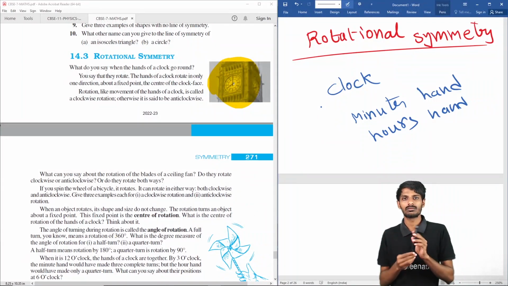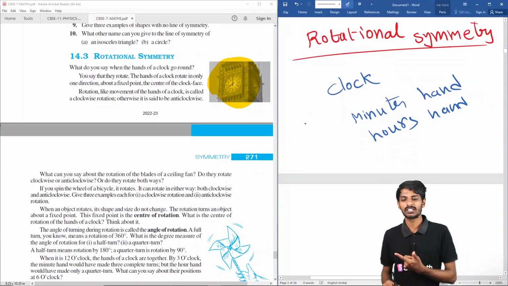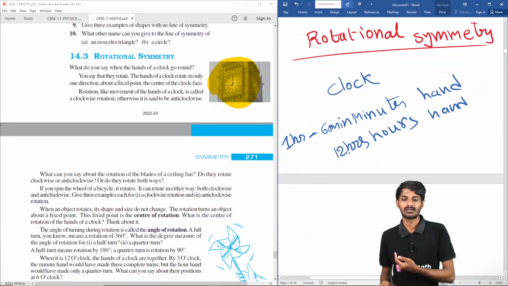So it is called rotation. And if the minutes hand completes one rotation, it covers 60 minutes, which equals 1 hour. And if the hours hand completes one rotation, it is almost 12 hours, half a day.